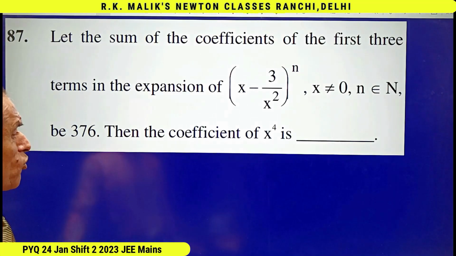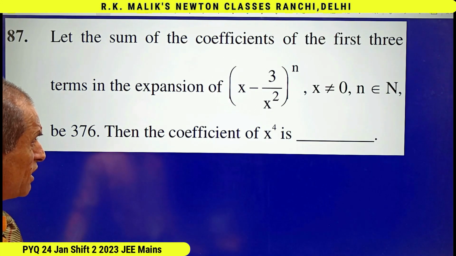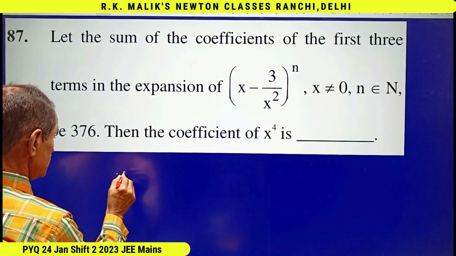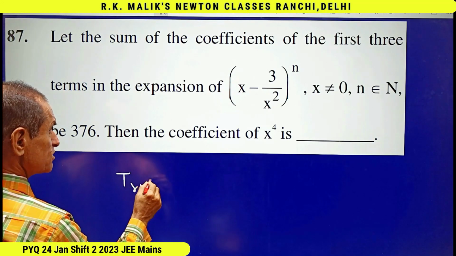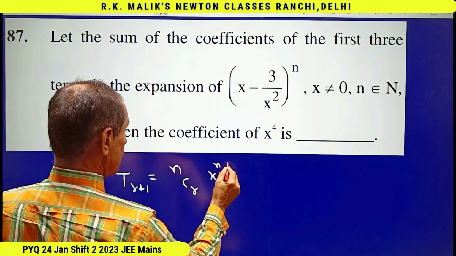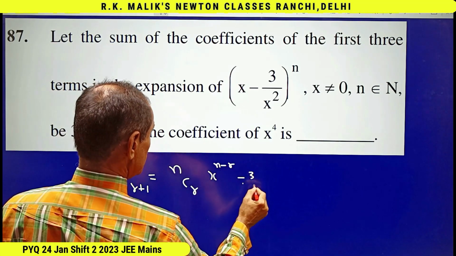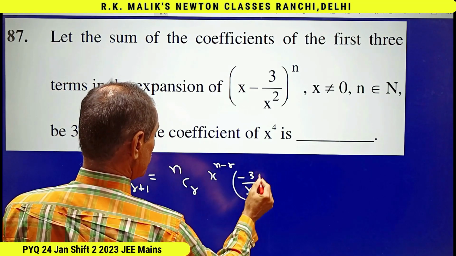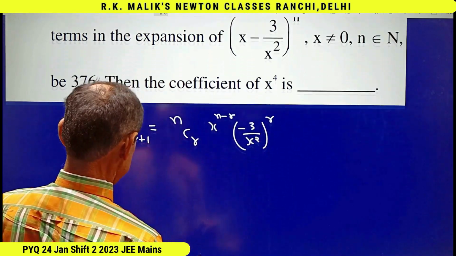And now to find the coefficient of x to the power 4, first I write the general term in the expansion of this. T r plus 1 is nCr x to the power n minus r into minus 3 by x squared to the power r.